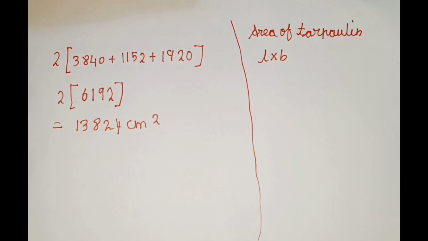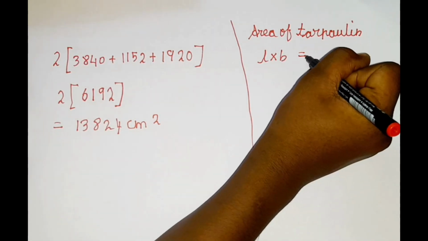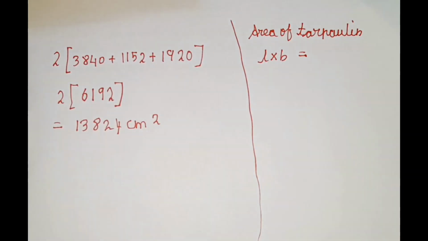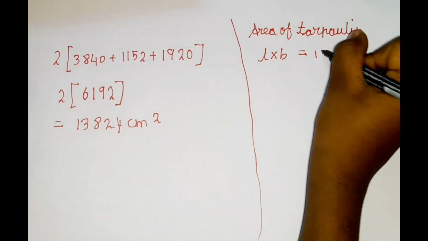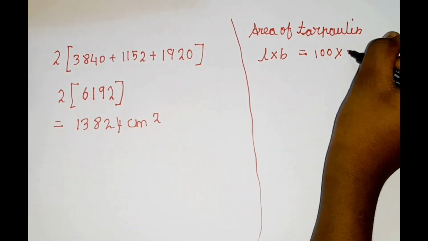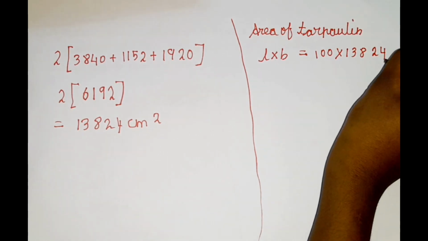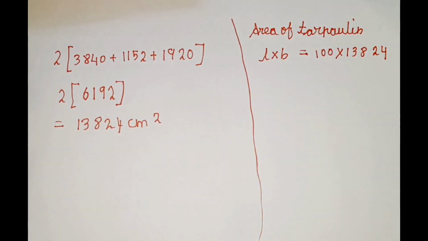Length into breadth. So area of tarpaulin is equal to, so I am applying it directly, okay, is equal to area of 100 suitcase. So 100 suitcase means 100 into 13,824. So you guys might be wondering how it came, right? Let me explain it, okay. So I am writing it here in the down part, okay.